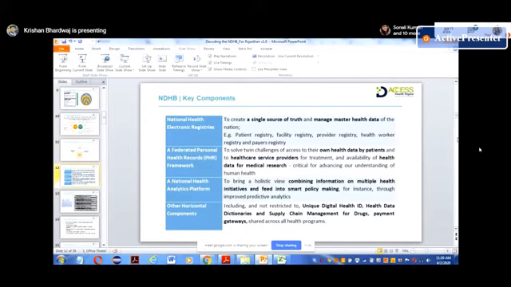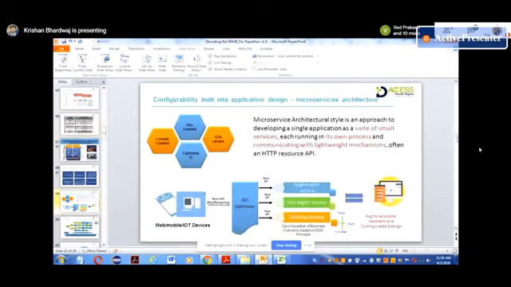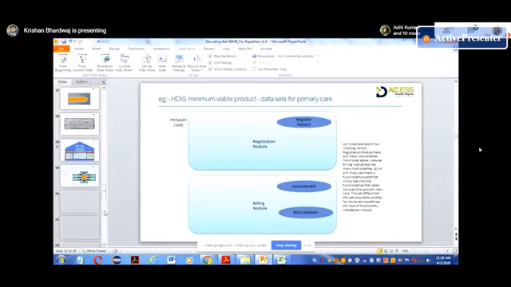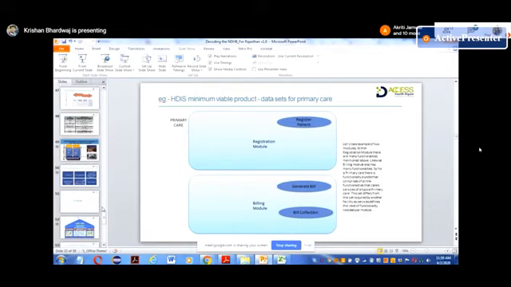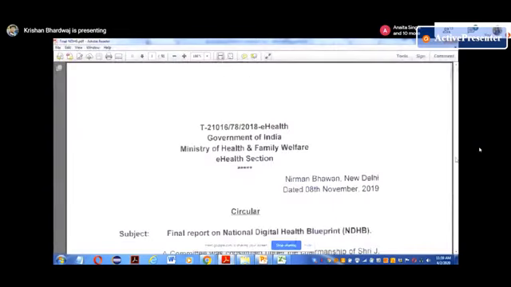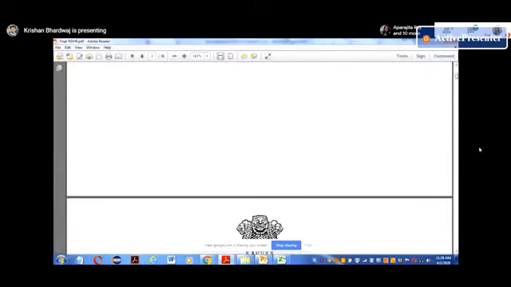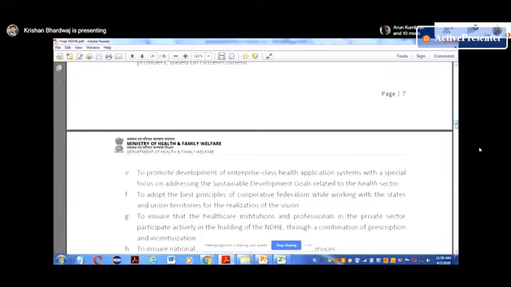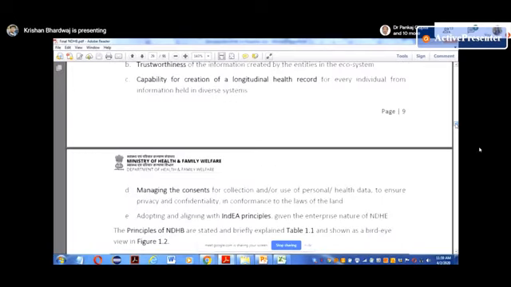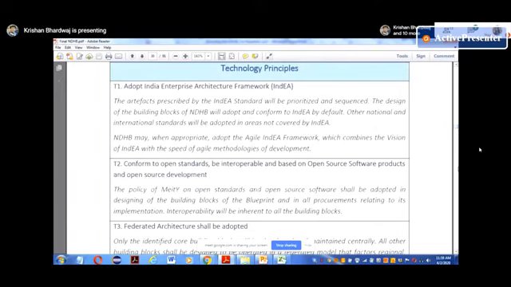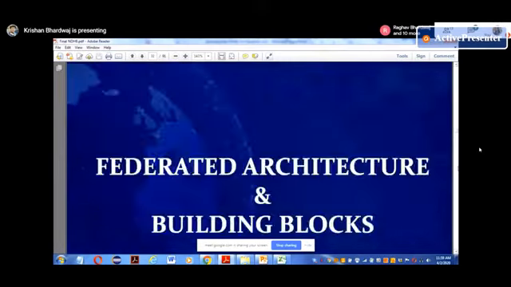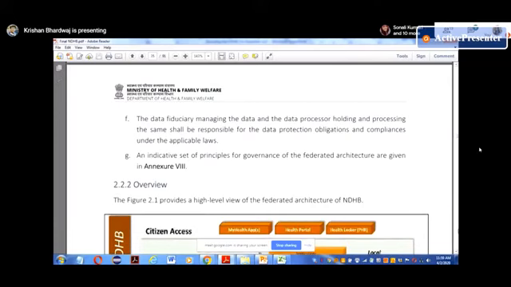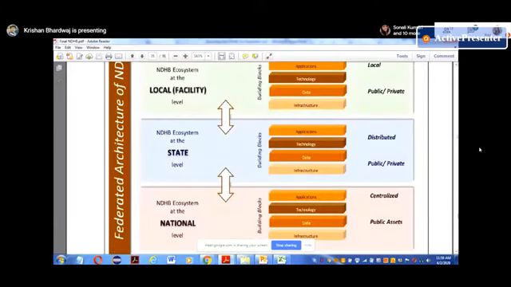So before I jump into this layer, I will move to one diagram. So basically, NDHB talks about a 5-layer architecture for the country, which defines the building blocks.